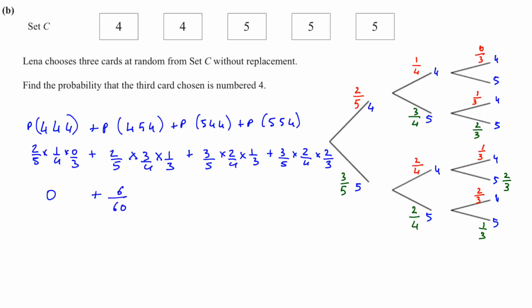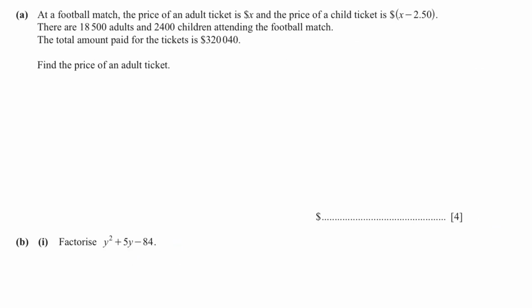This is 6 over 60 plus 6 over 60 plus 12 over 20. When you add all of them together, you will get 24 over 60. You can simplify it further or leave it like this. 2 over 5 is your answer.